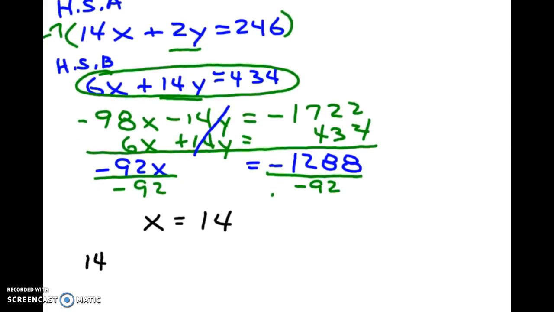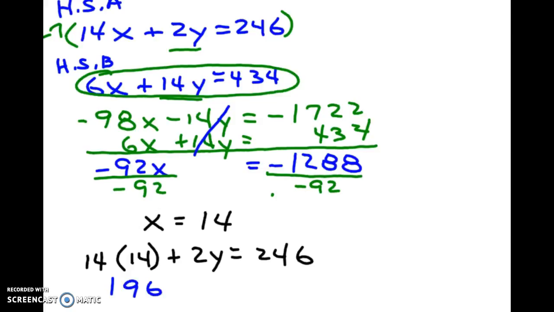So if I plug in, we got 14. We'll put the 14 in for the x. 14 times 14 plus 2y equals the 246. If we do the math, 14 times 14 is 196.